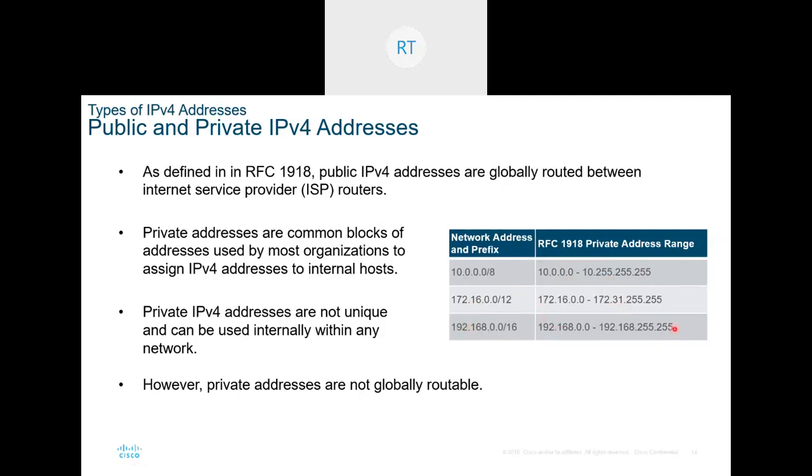Private addresses are addresses that you use internally on your LAN, internally within the network. What does that mean? It means if you're setting up a LAN in your office or in a university, or maybe you have a company with about 5 users who want to share files and communicate internally among themselves, and you have a printer that you want to share, you use private addresses because they are used internally within the network.